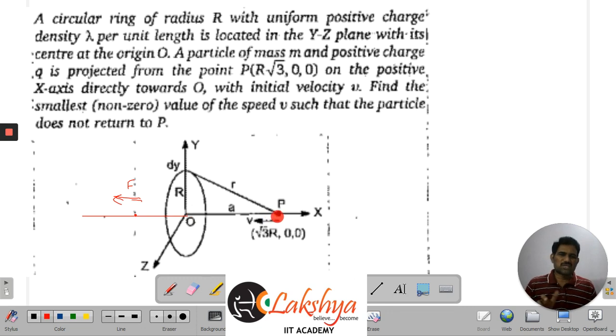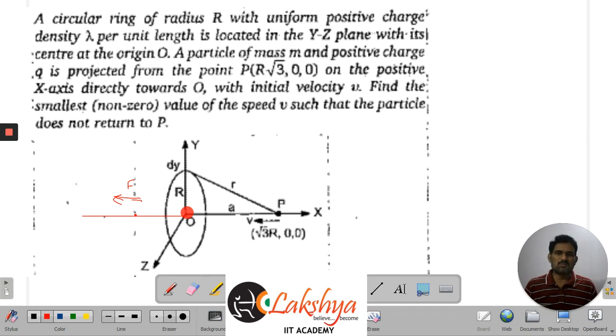Whenever two charges are interacting with each other, definitely electrostatic potential energy will be there. So at point P, both kinetic energy and potential energy are there. When it reaches the point O, it has only potential energy, because we are projecting with the minimum velocity, so it just reaches this point and comes to rest there.